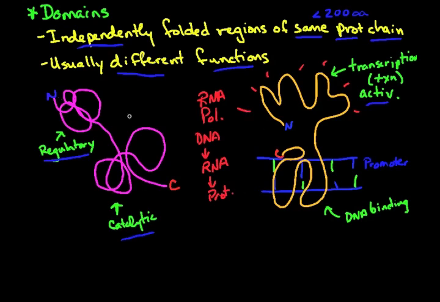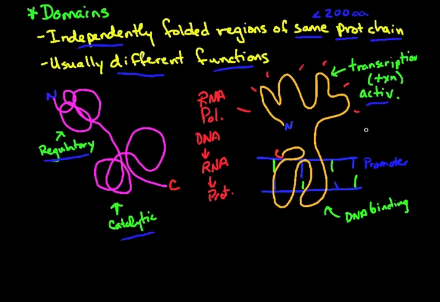All right, so this is an example of two different proteins that have completely different roles. This protein would be some sort of enzyme with its catalytic activity and its regulatory domain. Okay, this protein has no catalytic activity.